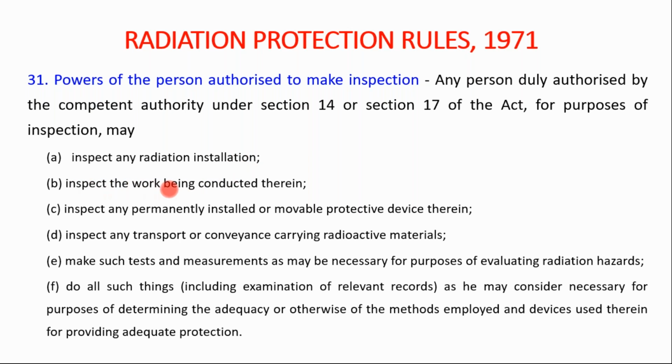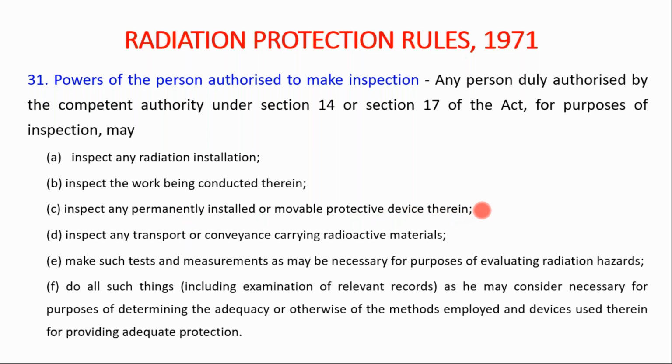The work may be storing, sealing, unsealing, manufacturing, processing, etc. So whatever work is involved in the radioactive material activities should be inspected by the competent authority. Inspect any permanently installed or movable protective devices therein.